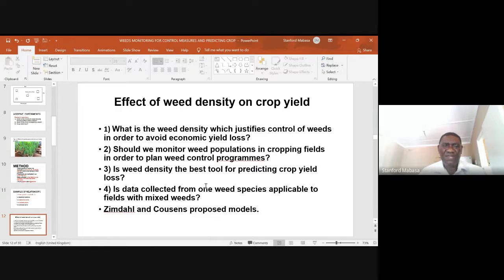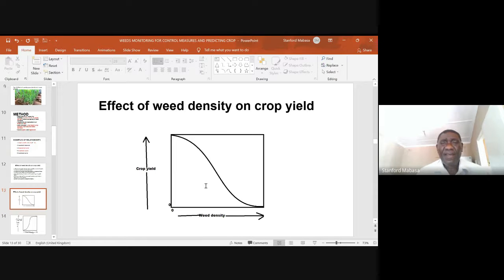We are going to focus on the Zimdahl and the Cousens proposed models. Here we are looking at the effect of weed density on crop yield. According to Zimdahl, the loss looks like a sigmoid curve, where initially the crop yield is stable, then it starts decreasing very fast, then it stabilizes towards the end.